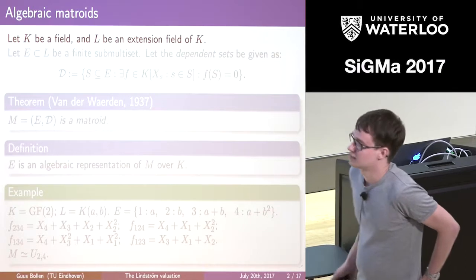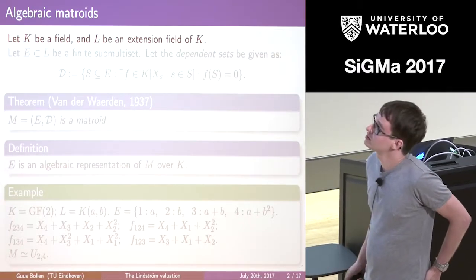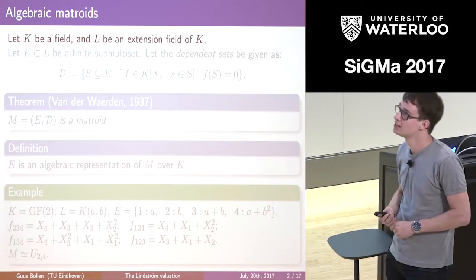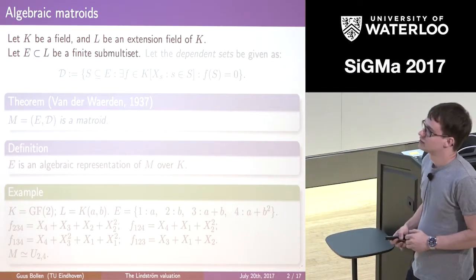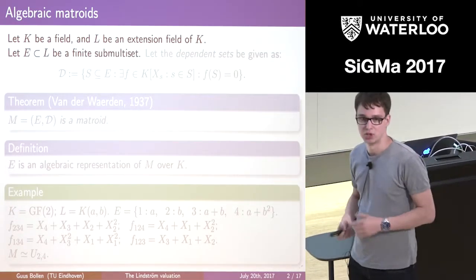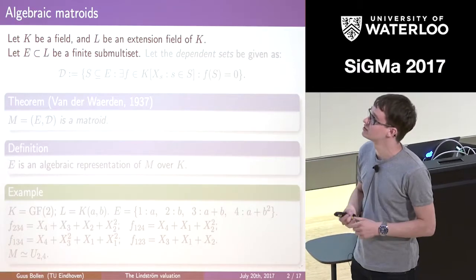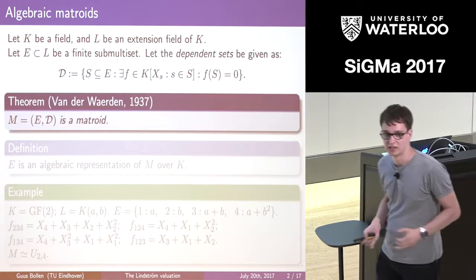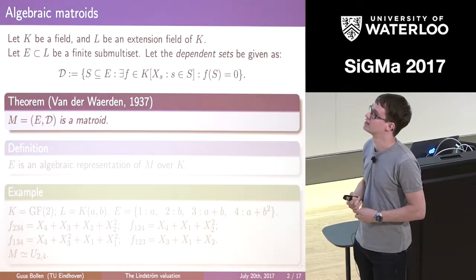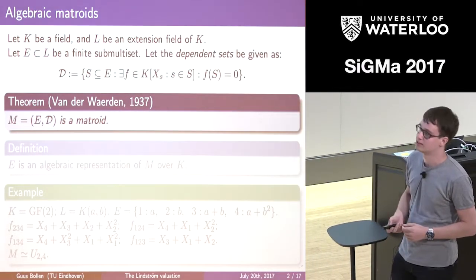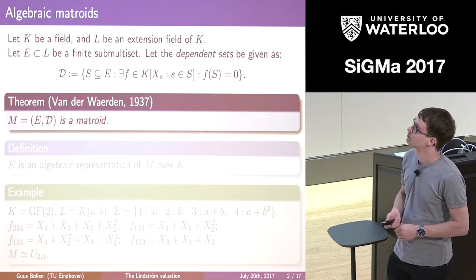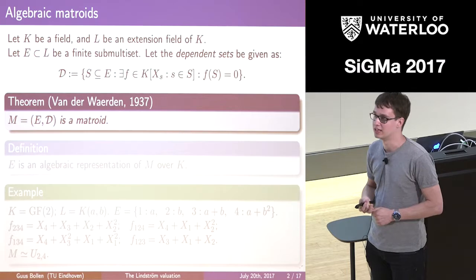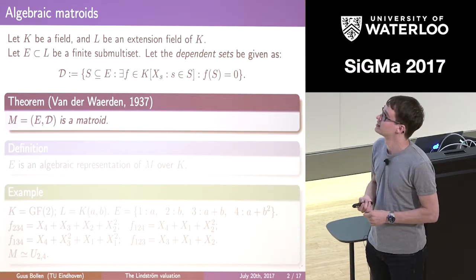So, if K is a field and L is an extension field of K, you can look at a multi-subset of elements of L, and there are some algebraic relations between them. So we call a set dependent if there is a polynomial over K relating these elements of L.